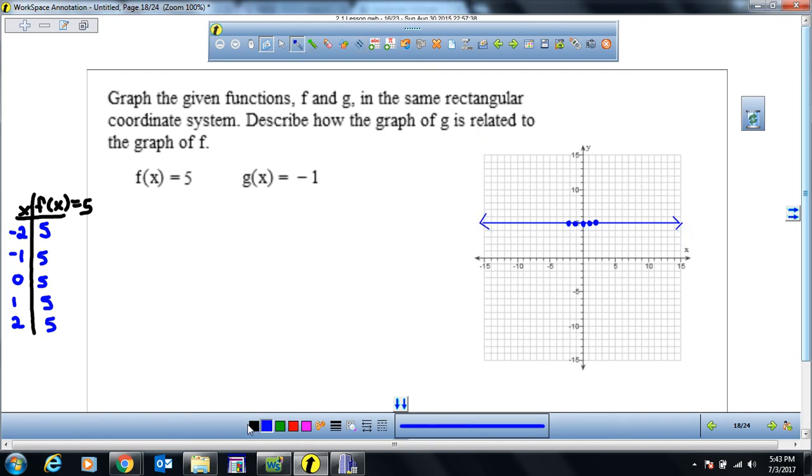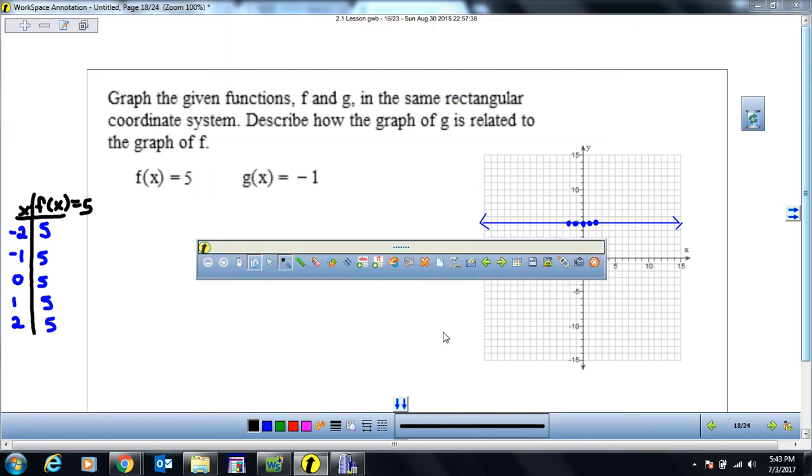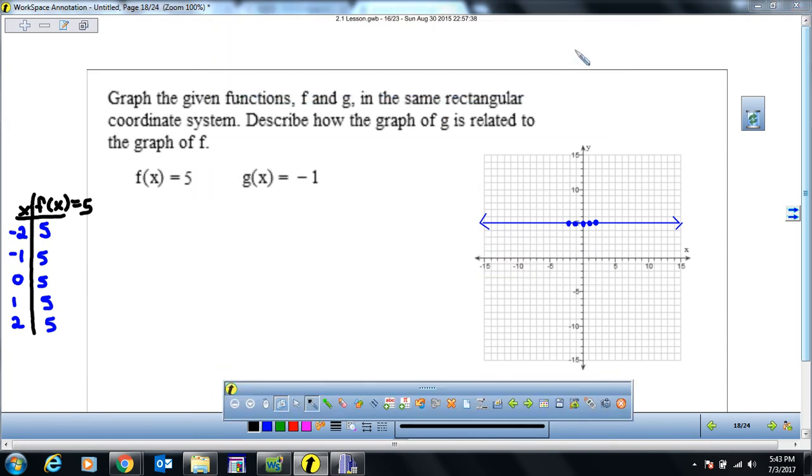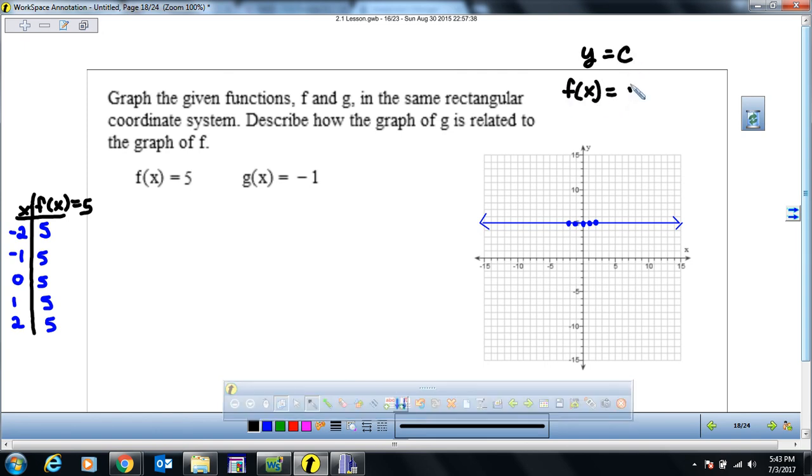So this is what I want you to keep in mind. Anytime I have a function in the form y equals a number, or f of x equals a number, which is the exact same thing, that is always going to generate a horizontal line. We don't need to create a table for that one.